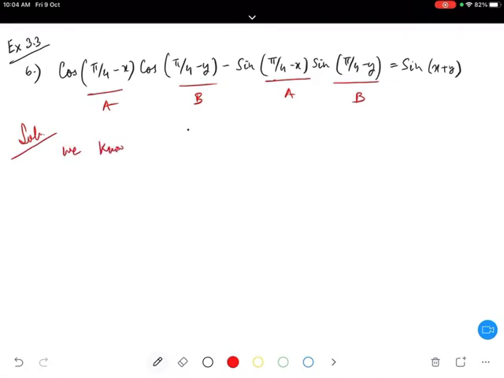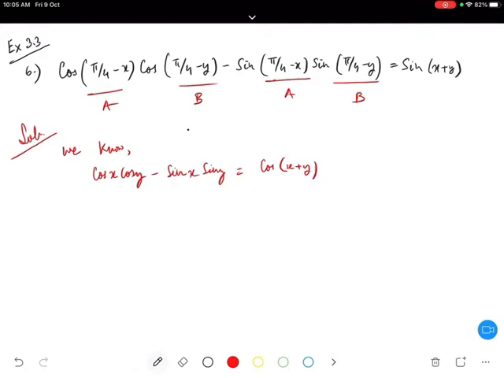Roll your pages. Yes, so write down here. We know cos x cos y minus sin x sin y is equal to cos of x plus y.